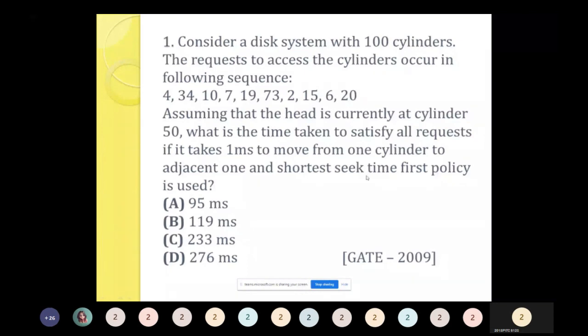Based on this scheduling, we have to analyze the seek time numbers. This question was asked in GATE 2009, and the options are given. We have to choose the solution from these four.